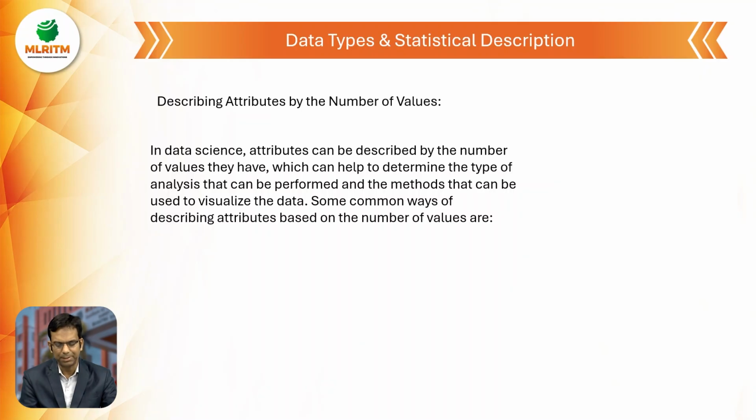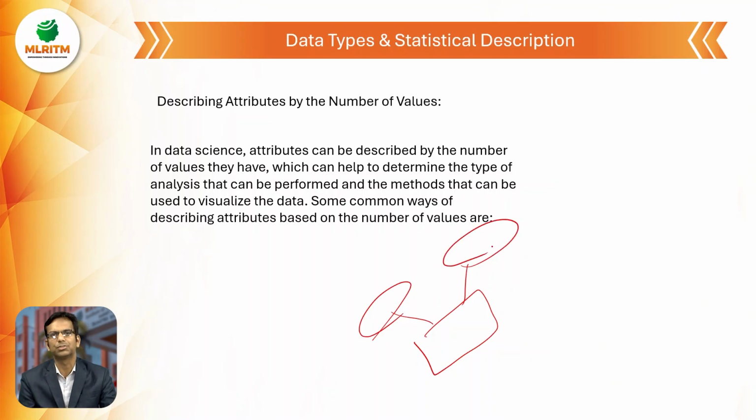So in data science, what happens? In data science, an attribute can be represented with the help of analysis of the data, statistical descriptions of the data, or an attribute can be implemented to represent a diagrammatic form of the data. If you are declaring an entity, for that entity we may declare different types of attributes.